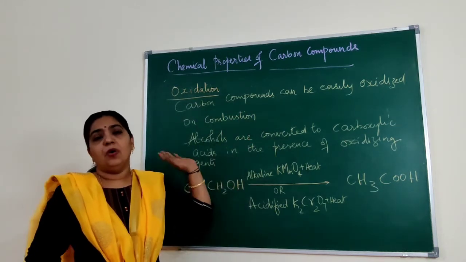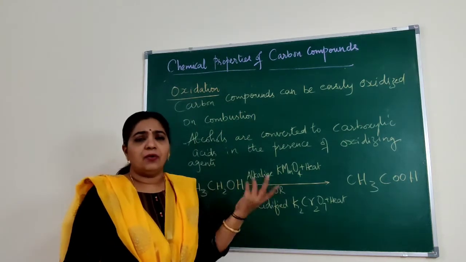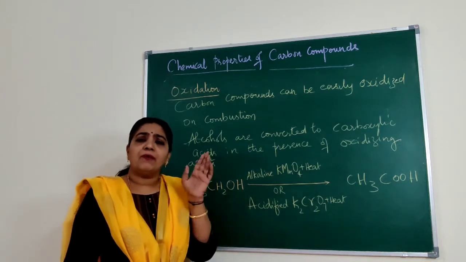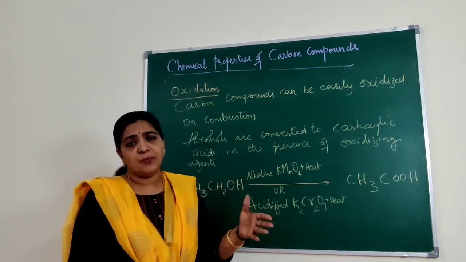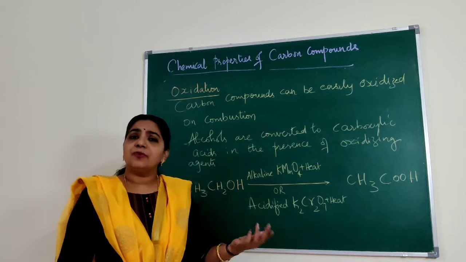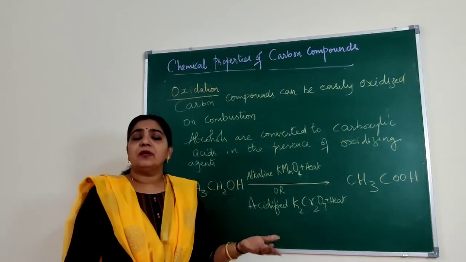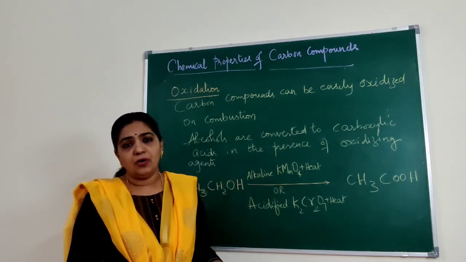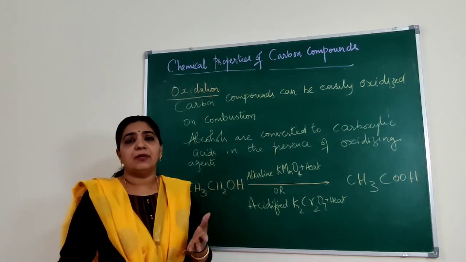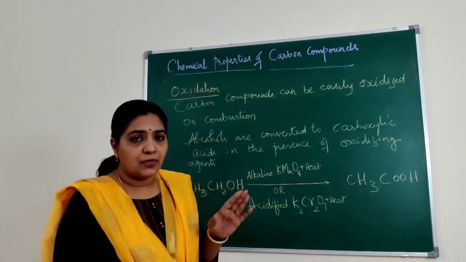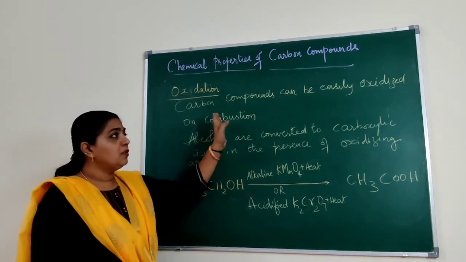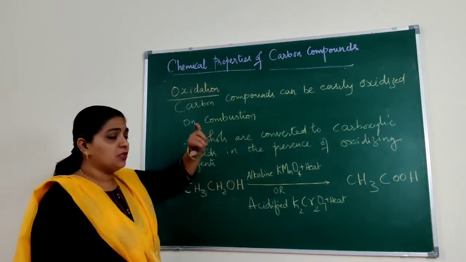When methane or ethene or ethyne, butane, anything you take, when it is burned with oxygen, it will undergo combustion. So when it undergoes combustion, it's nothing but they undergo oxidation reaction. Both carbon and hydrogen will get oxidized. So carbon compounds can be easily oxidized on combustion.